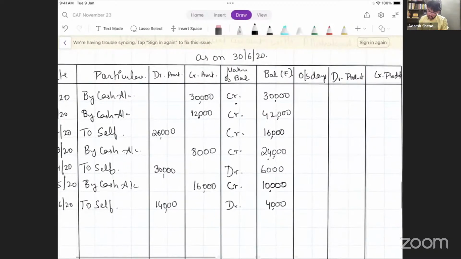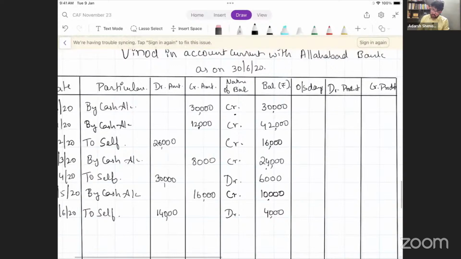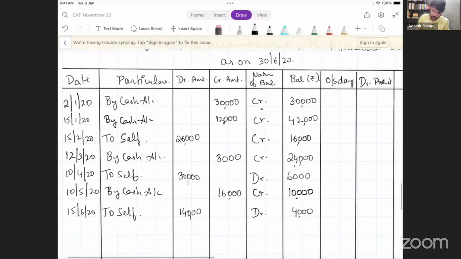Okay. Now, outstanding days calculation. So how do we calculate outstanding days? Very simple. It's not like before, it's a little different over here. You have to start calculating from that balance date. What we're doing over here is we're not calculating interest on each transaction.